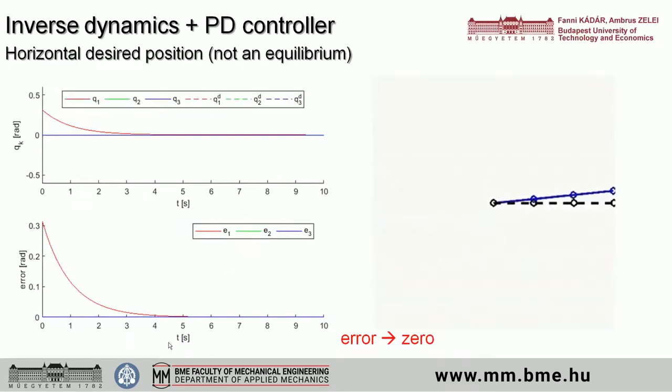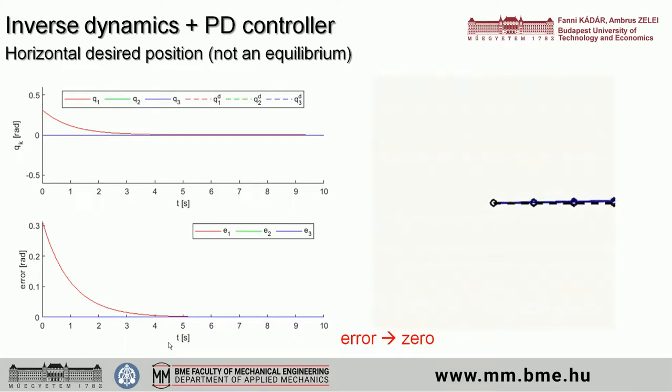So finally the error will tend to zero as the time goes to infinity. And let's see how it works. If we apply this inverse dynamics controller on our robot and the desired configuration is horizontal, we see that all of the errors are eliminated, and this is because the equation of motion itself is considered in the control. So the torques which are necessary to hold the system in this horizontal configuration are calculated, and on top of it there is a PD feedback controller.